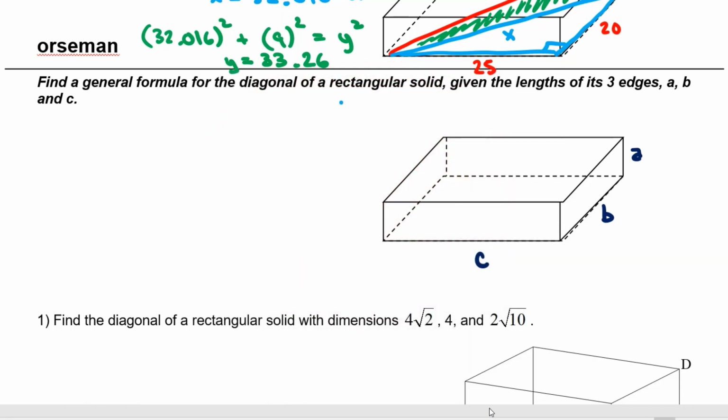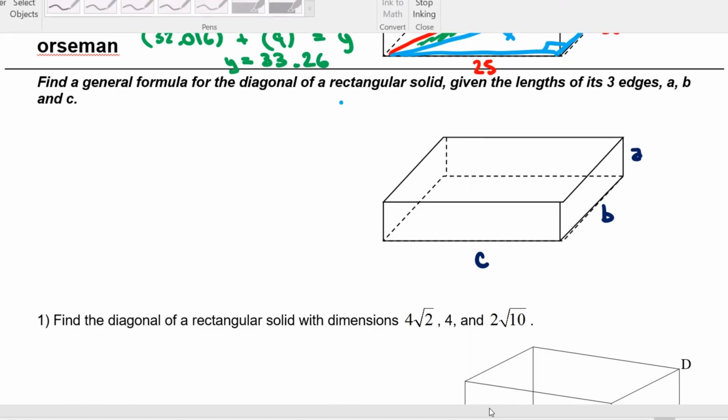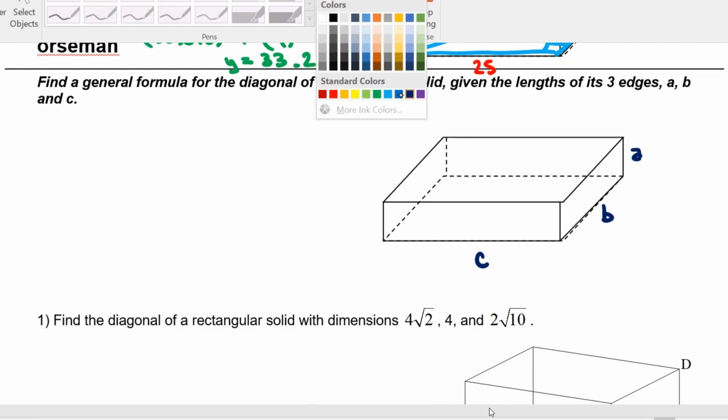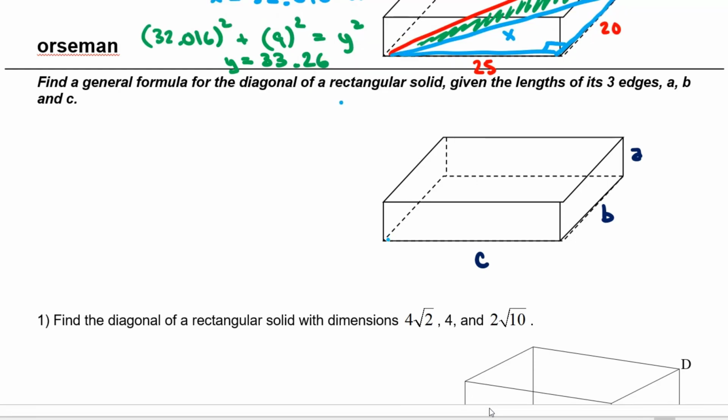If you don't want to try that, you can just watch now as I develop this formula. But I'm going to basically do it the same as I did in the previous problem. I'm going to go after the diagonal that's along the bottom here.